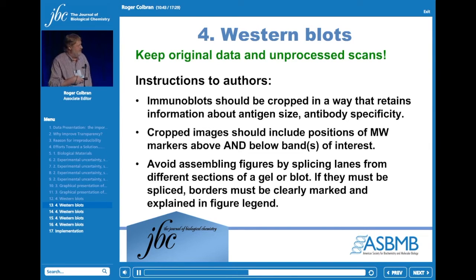Fred went through this in some detail, and what I really want to point out and emphasize, I can't emphasize enough, is that you keep the original image files, whether it's the original X-ray film on an ECL exposure or the original files you get from your imager apparatus. You save the unadulterated original file and make copies to do any of the manipulations, changing contrast or whatever, so that you can always go back to that original source file.